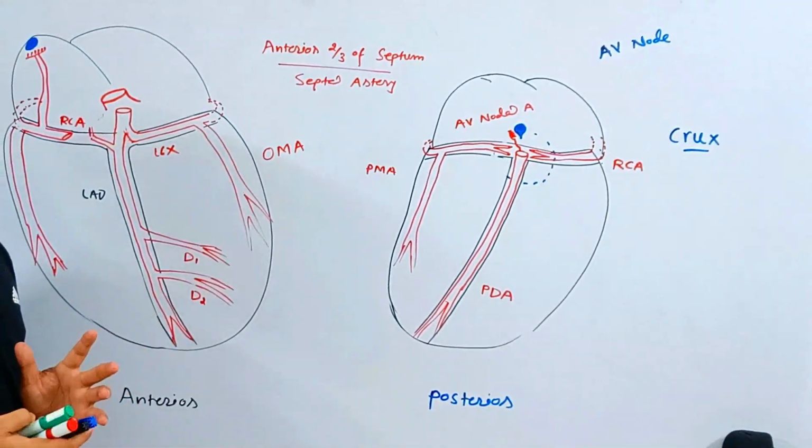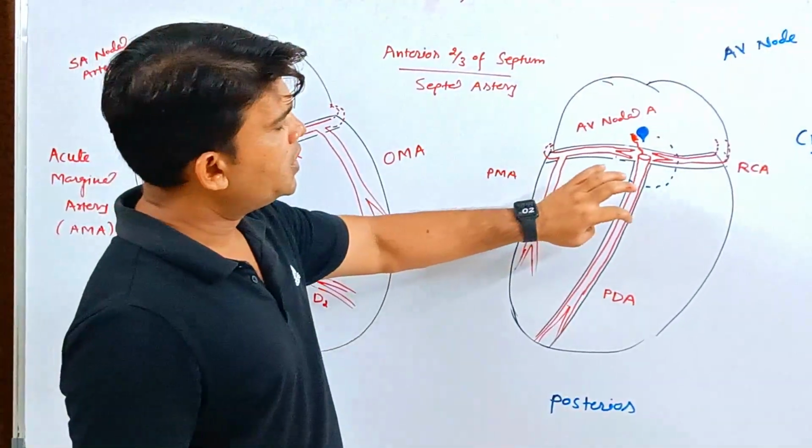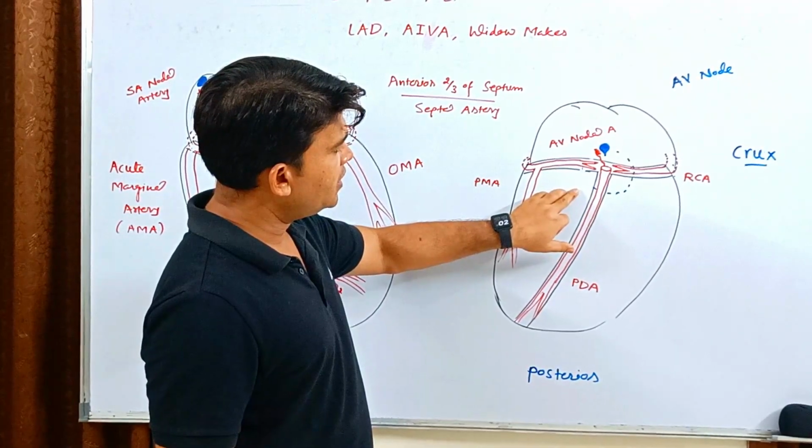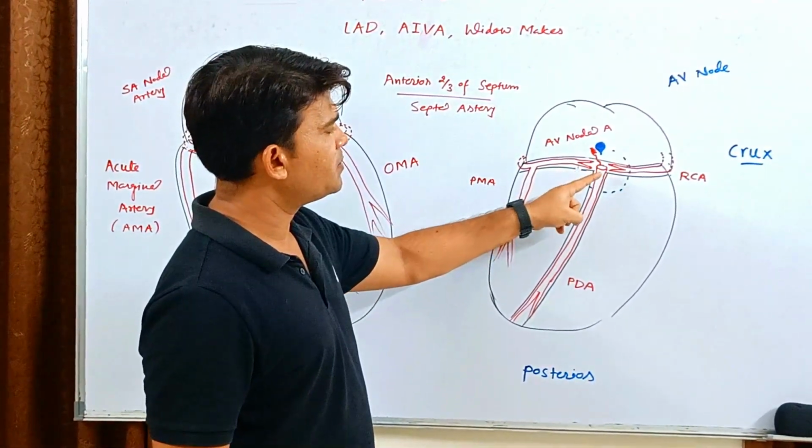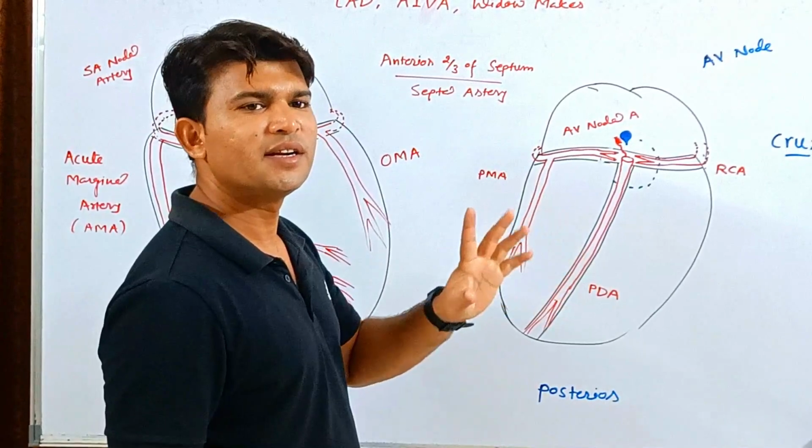What is coronary dominance? Coronary dominance basically depends on which artery supplies the posterior descending artery.